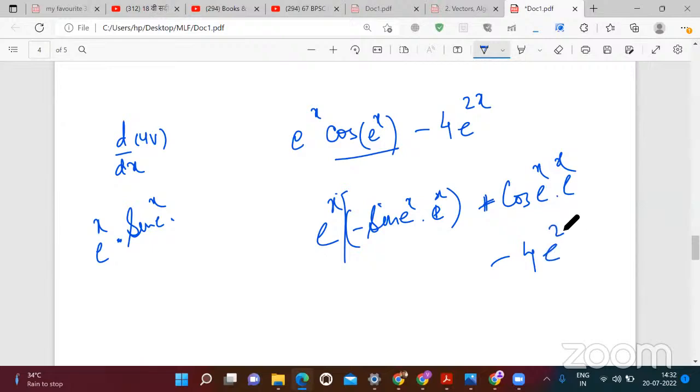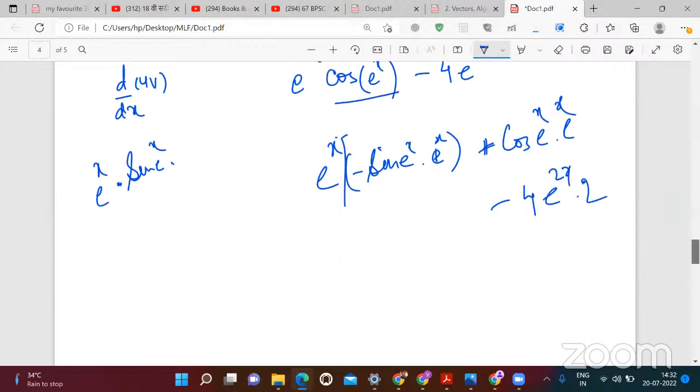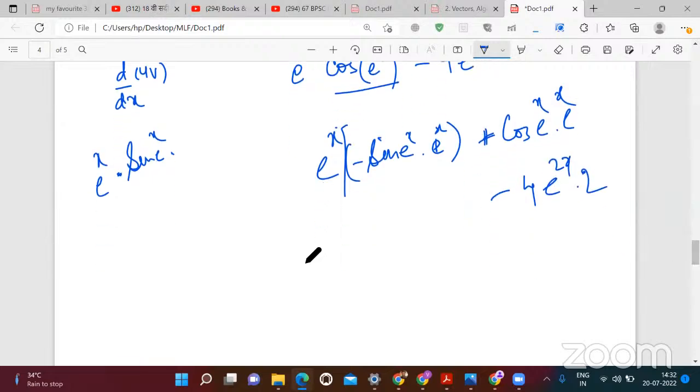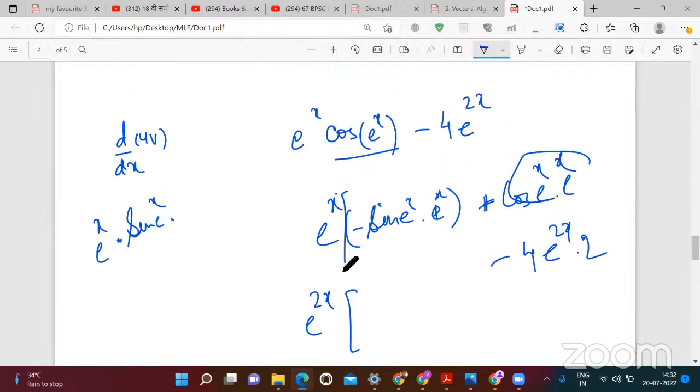And then it is about 2x and 2. Okay, fine. So now I'm left with e to the power 2x and e to the power 2x, right? Here it will come e to the power x only. It should not be e to the power 2x. Yes, sir, that is the mistake there.